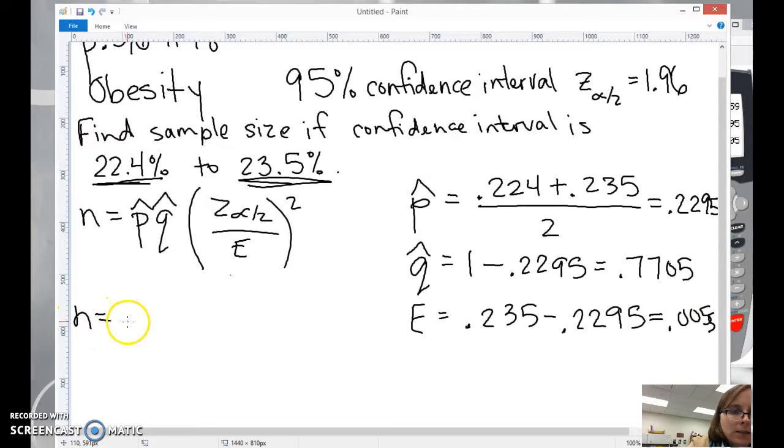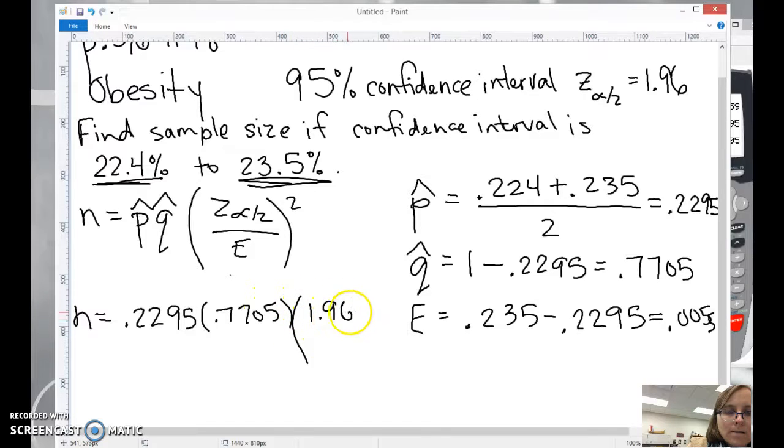It's a matter of just substituting into my formula the values that I now know. Notice how I left them as 4 digits.